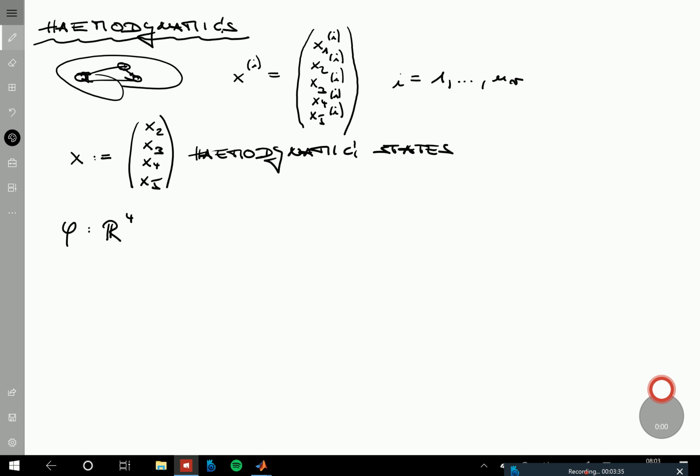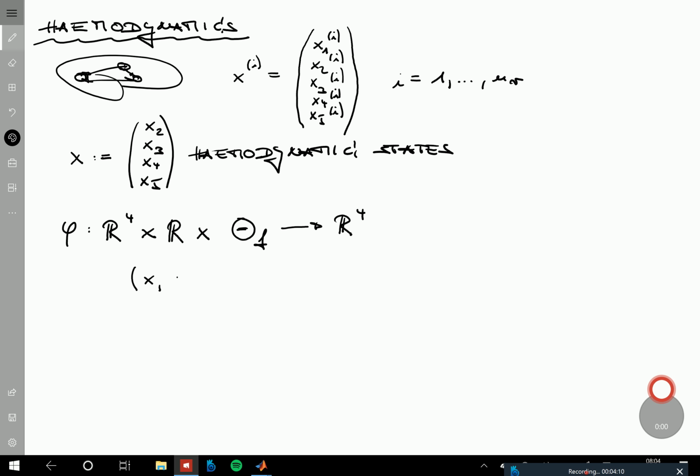4 hemodynamic state variables. Then it's a function of the neural activity in that region, so the x1, and it's a function of some parameters which belong to this overarching evolution function f that we've discussed previously. What it returns is the 4-dimensional vector of rate of change, like always in dynamical systems evolution functions.